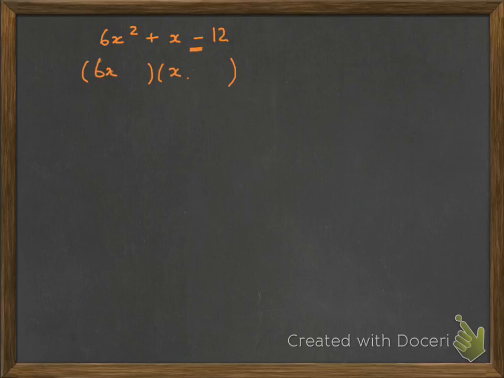That's a negative, so I'd have a plus and a minus, or a minus and a plus. And the factors of 12: I could have a 3 and a 4, or a 2 and a 6, or a 1 and a 12. There's so many different combinations. If you don't spot it straight away, that could be an absolute nightmare.